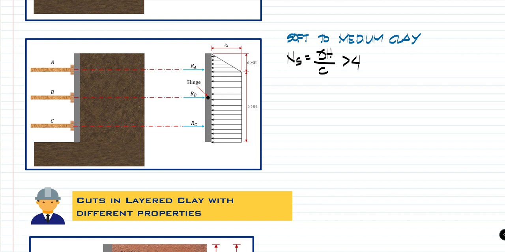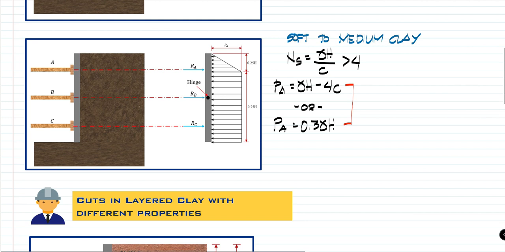Then, on the part of the pressure load natin, that will be P sub A is equal to gamma H minus 4C, or P sub A is equal to 0.3 gamma H. And since this is a design problem, syempre, ang kukunin natin between the two is whichever is the larger or the greater value. So this is whichever is greater.